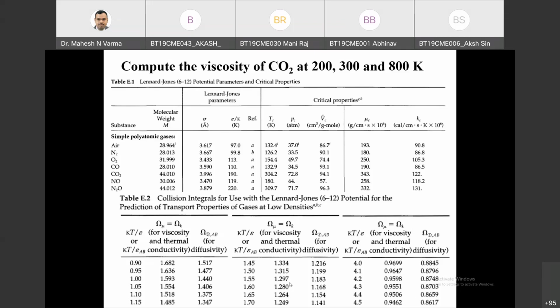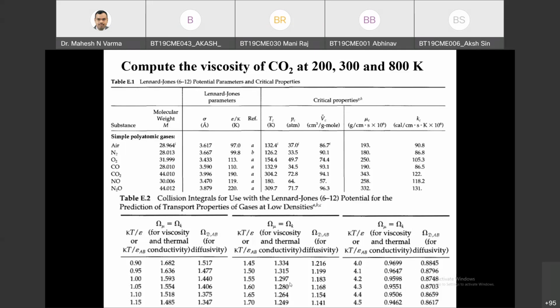Okay, what is the value of the collision diameter you have used? Sir, 3.960. And what is the value of kT by epsilon you got? kT by epsilon is 4.21, sir. 4.21.